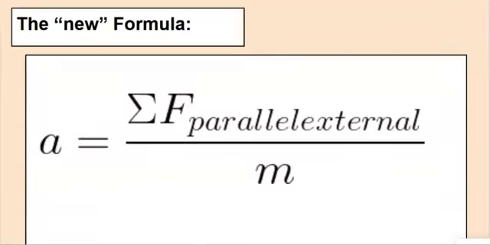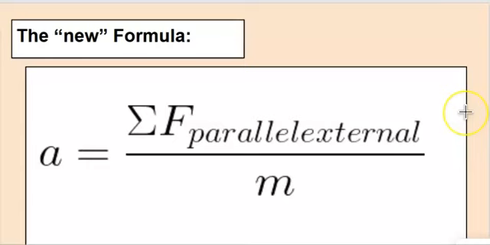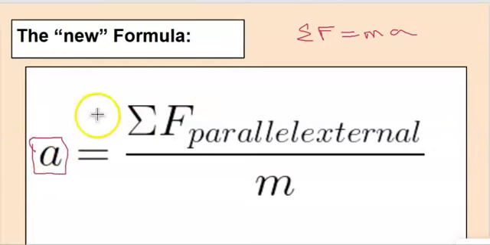We're going to take one more slide, and then I'll do the problem example in a different video. I put "new" in quotes because this is really Newton's second law, the sum of the forces equals ma, rewritten. So the acceleration of all three objects in the system on the first slide of the slide deck is equal to the sum of all the forces that are parallel to the motion, and we'll go over this when we do the example problem.